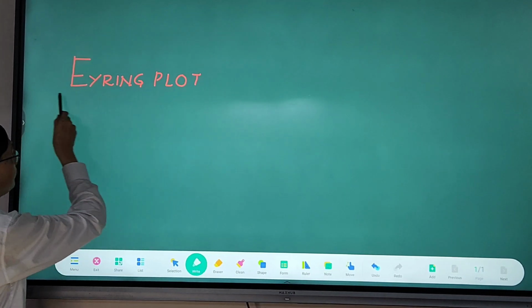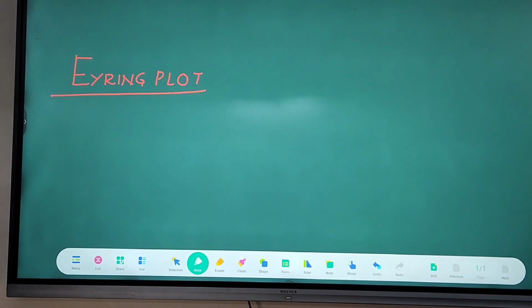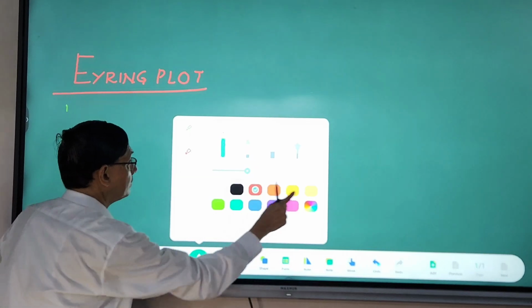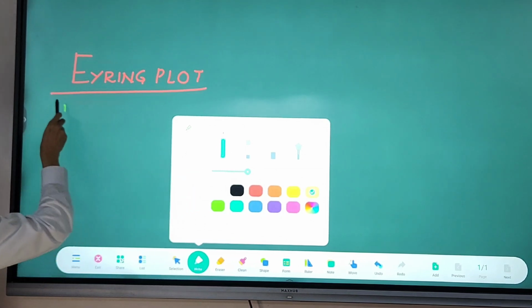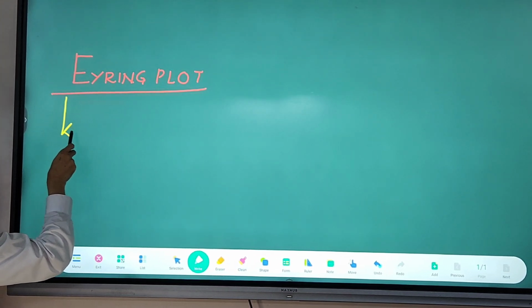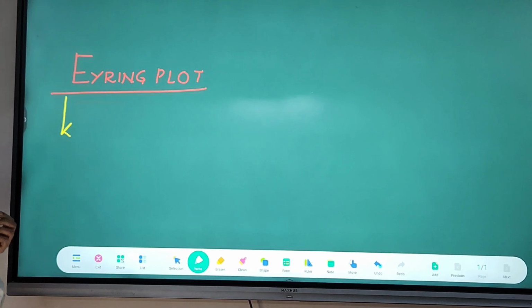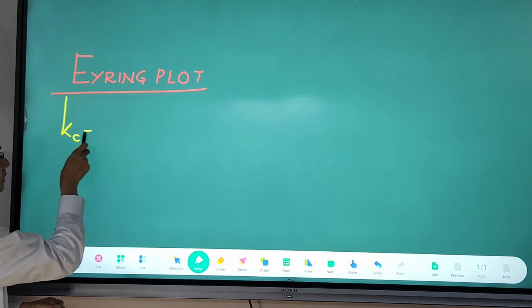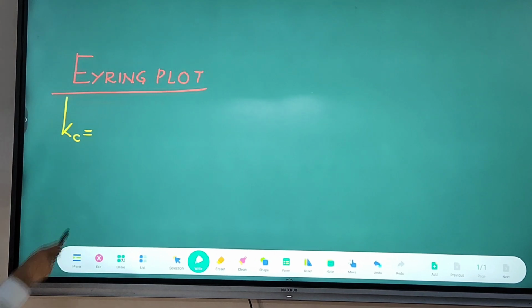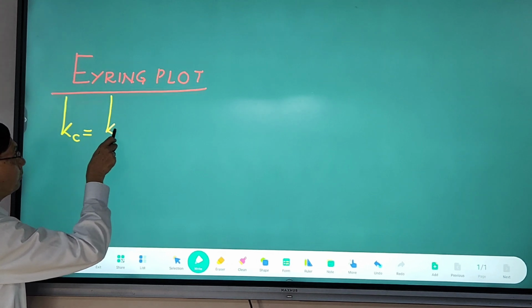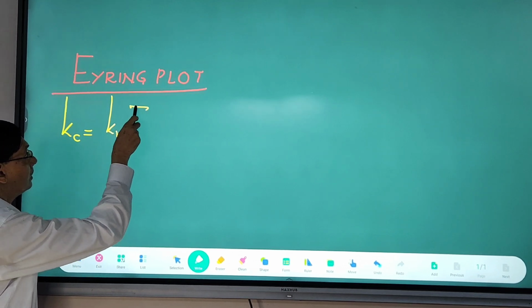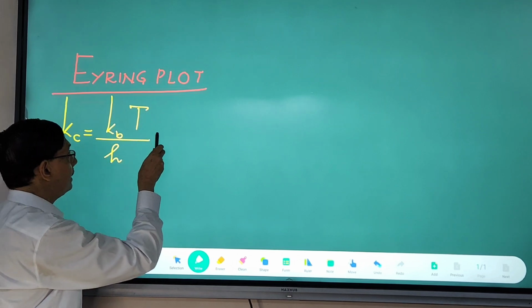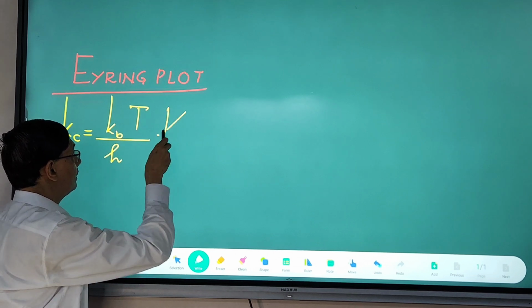My first point: for the Eyring plot, I start with our normal equation. In order to differentiate between the rate constant and the Boltzmann constant, I am using the subscript c, meaning rate constant. This is the Boltzmann constant, T, this is the Planck constant, and K. That is our main equation.